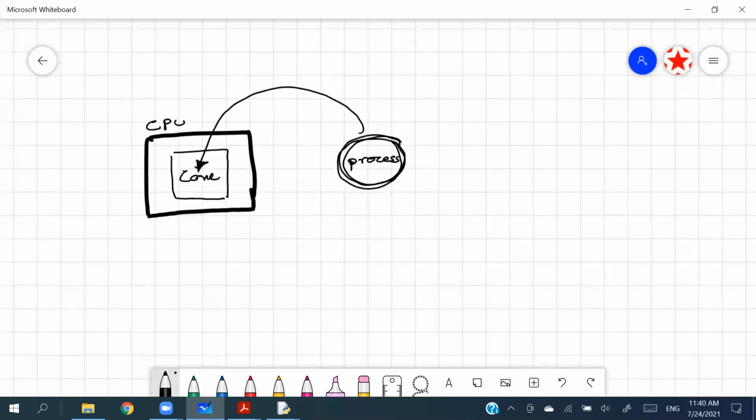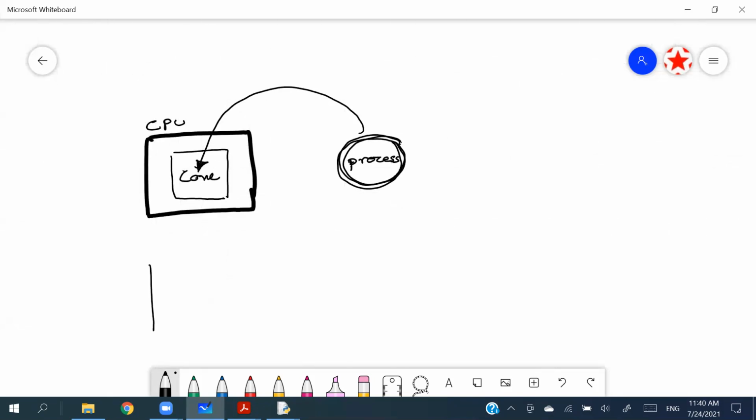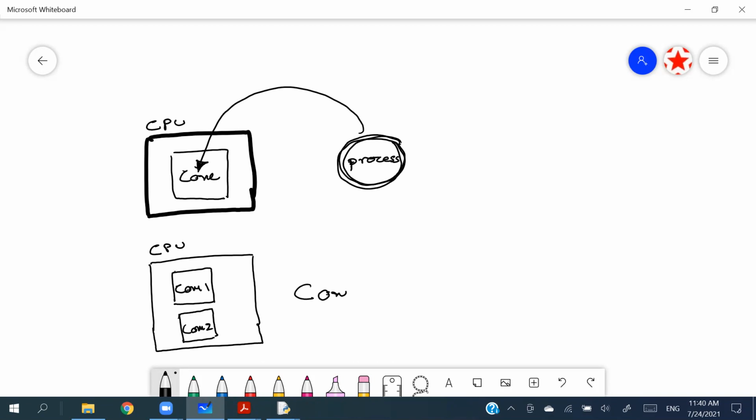So later, with technology advancement, the CPU gained the ability to have different numbers of cores inside it, right? So first they had the technology to have two cores inside one particular CPU, right? So this is core 1 and this is core 2. That is why the names are like Core 2 Duo.